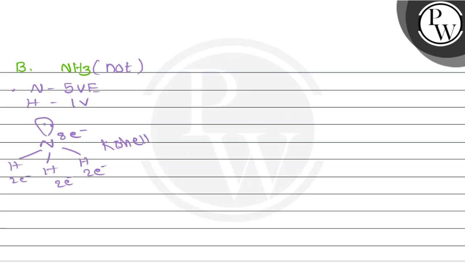Then coming to the next structure, BCl3. Whenever we draw BCl3, boron has 3 chlorines, and on chlorine 7 electrons are present. When we count the number of electrons on each atom in BCl3, all the chlorines have 8 electrons, so they obey the octet. But on boron, only 6 electrons are present.